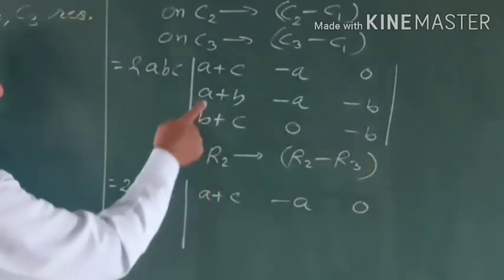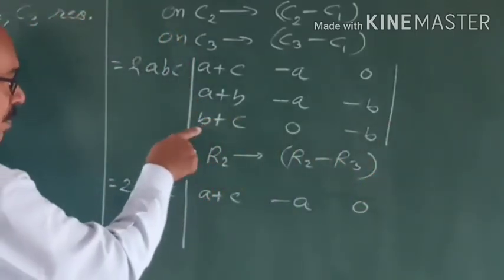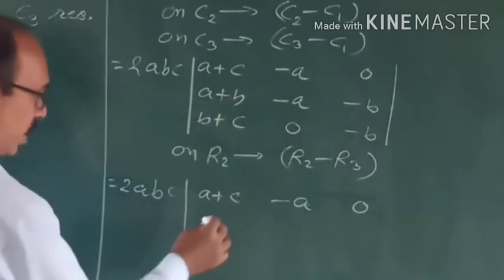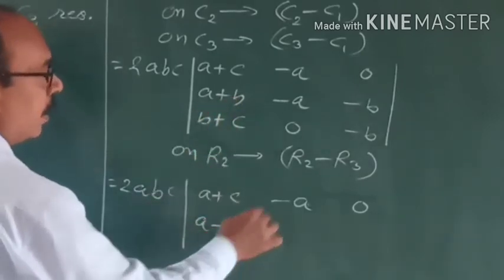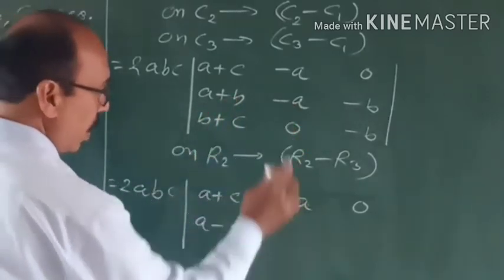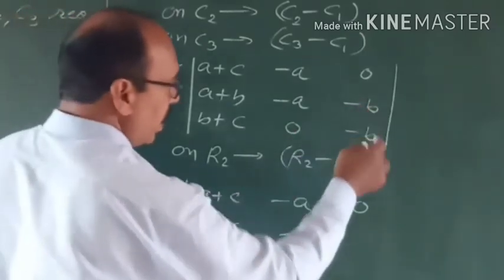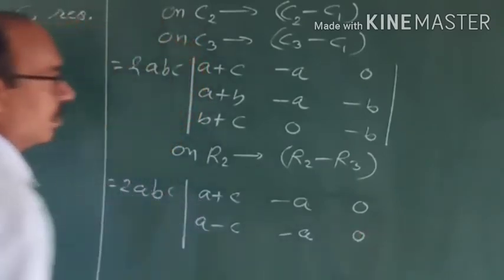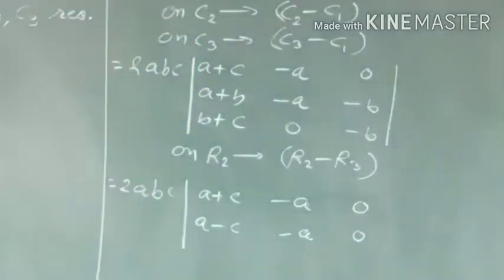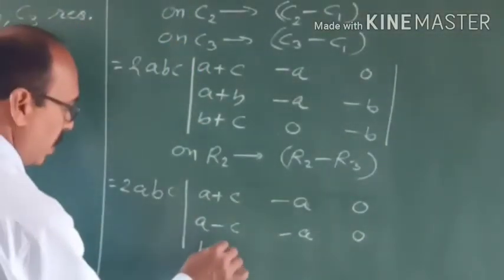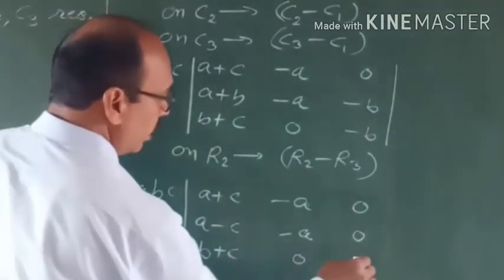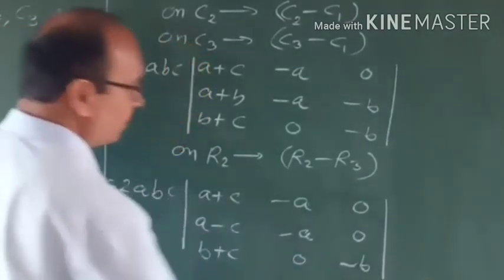Second row R2 minus R3, A plus B minus B and minus C, so B cancels out, A minus C remains. Here minus A minus 0, there will be no effect, and minus B and minus B subtract from each other, you will get 0. B plus C, 0 and minus B.